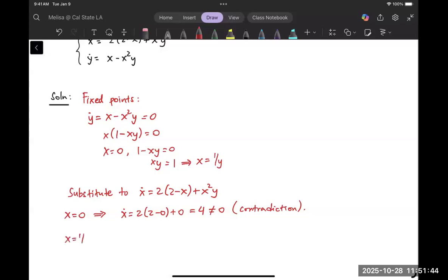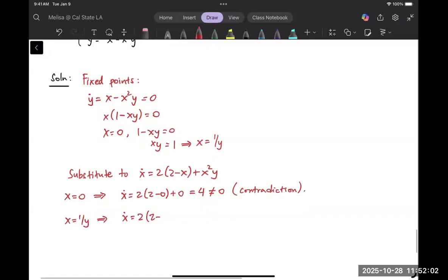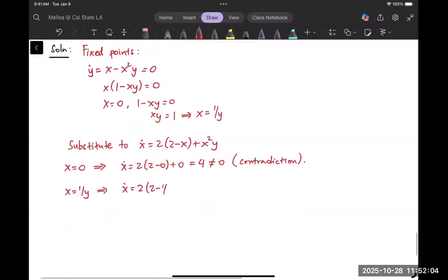Okay, so again, substitute this to dx dt. If x equals 1 over y, then we'll get 2 times 2 minus 1 over y plus x squared is 1 over y squared times y.